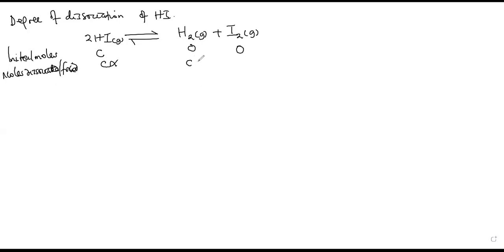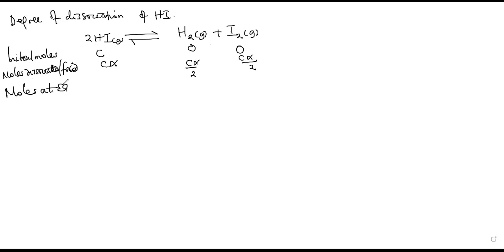Then this one will be C alpha out of 2, and even this one will be C alpha out of 2, because if this was 2 moles and these are 1 and 1, it would be a half because of the mole ratio. Then from there, we get the moles at equilibrium.